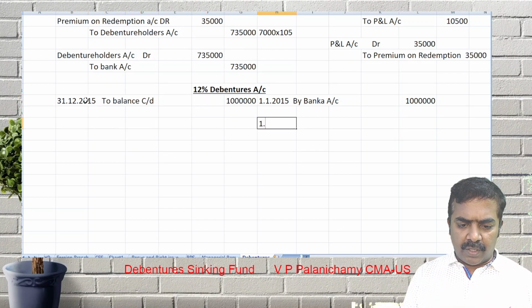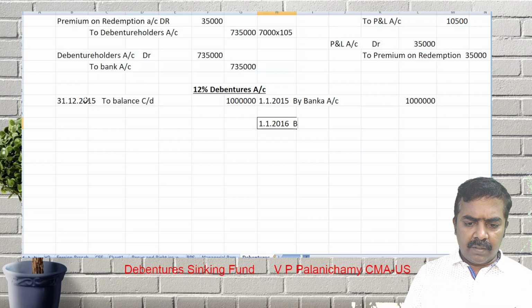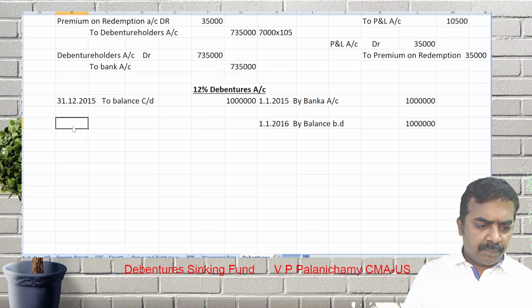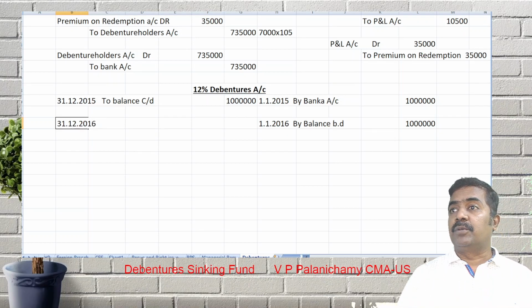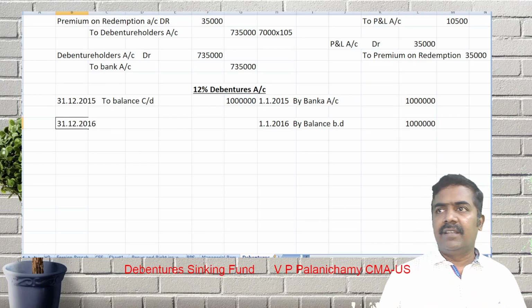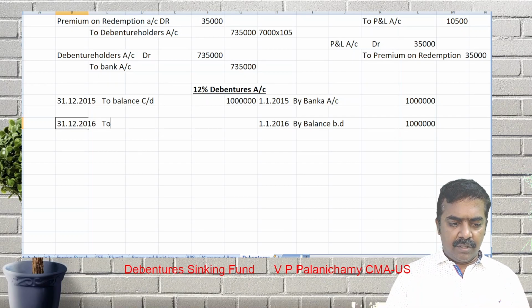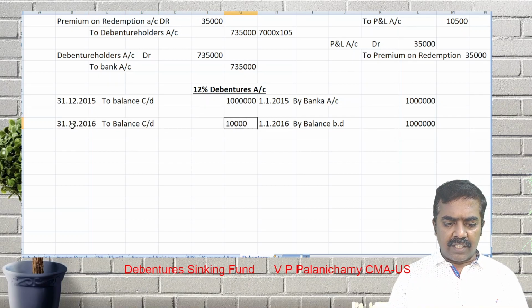Next year also 1/1/2016 by balance brought down, 10 lakhs இருக்கும். அந்த வருஷம் பாத்தீங்கன்னா 31/12/2016 அப்படியே carry பண்ணிடுவோம். Purchase பண்ணி எதுவுமே cancel பண்ணல. 2016ல did we cancel anything? 2016ல ஏதாவது own debentures cancel பண்ணிருக்கோமா? இல்ல. To balance carry down, 10 lakhs அப்படியே carry over ஆயிடும்.